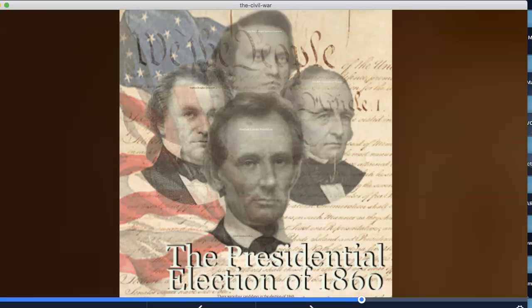Now, again, the only reason why Abraham Lincoln won this election is because the Democrats within the United States had three people running for presidency instead of just one Democrat running against Lincoln. They had three, so those three people divvied up the votes, which was one of the leading reasons why Abraham Lincoln won.